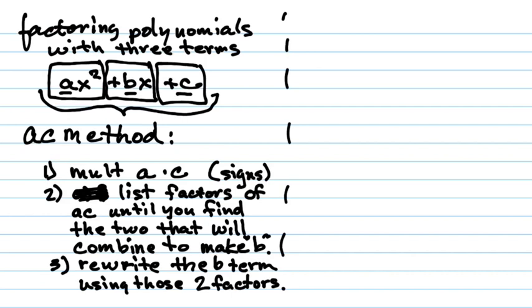You're going to rewrite it as two pieces using those two factors. Okay. Don't forget the variable, though. It's going to have an X or an A or a whatever in it. Okay? So don't forget the variable. Hopefully we have some examples here.